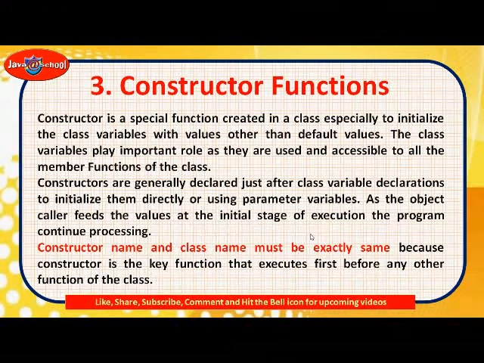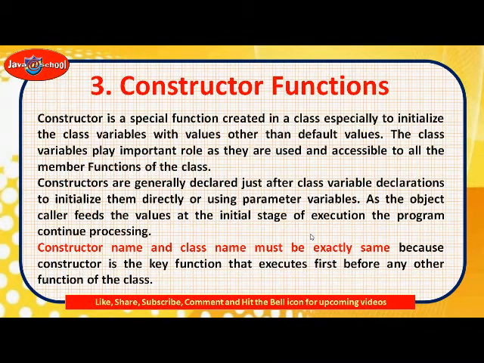And what are the default values? If it is byte type data, it is 0. If it is short, it is 0. If it is int, 0. And if it is long, it is 0L. If it is float, it is 0.0f. If it is double, it is 0.0d.